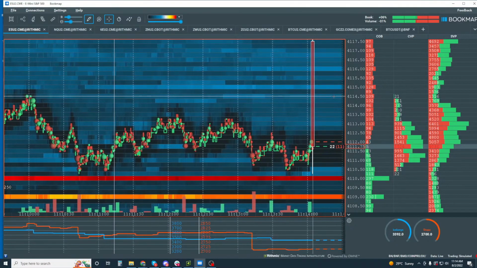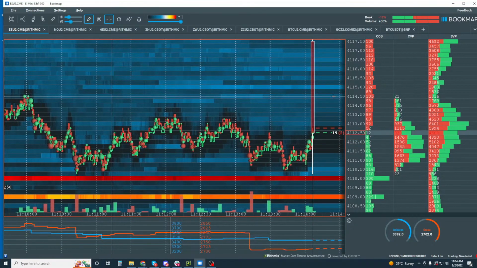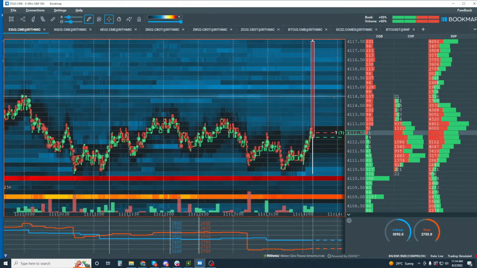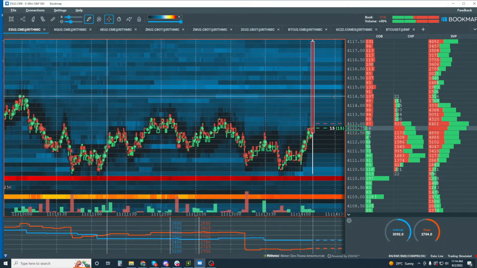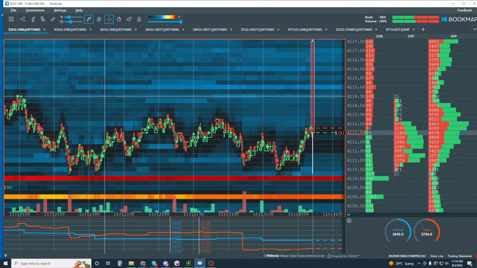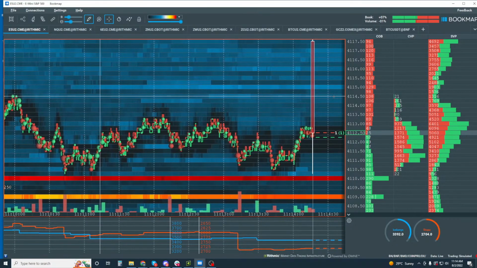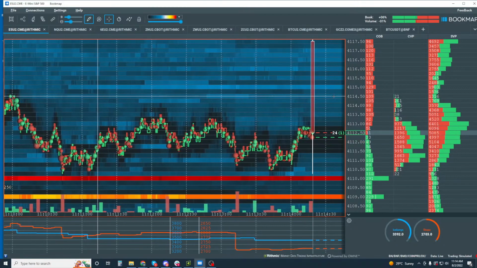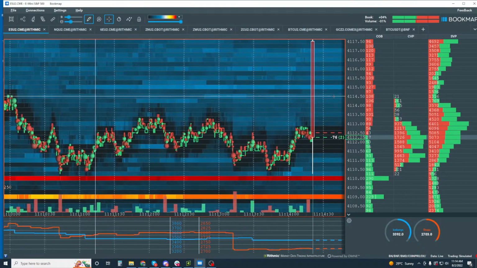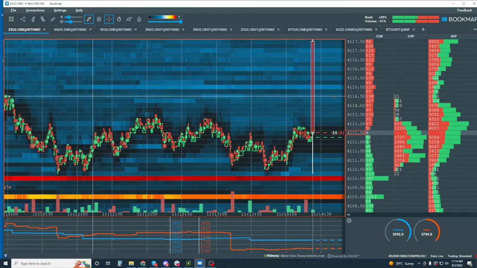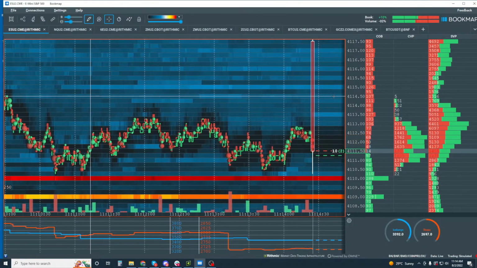I mean, sometimes it does, sometimes it doesn't. But I think the order flow is where that edge lies. Looking for the orders in this context, and then you have more likelihood for the move to play out.